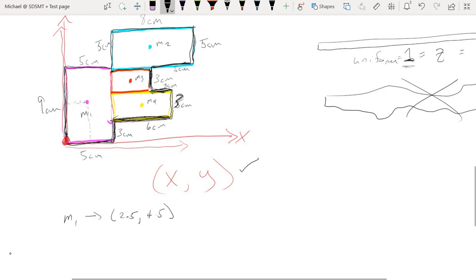And so, all I've done is I've taken those side measurements that we used. This purple rectangle that I'm calling mass 1 has side lengths 5 by 9, so our center point is going to be at 2.5, 4.5. Mass 2. Okay, so mass 2 is up here.